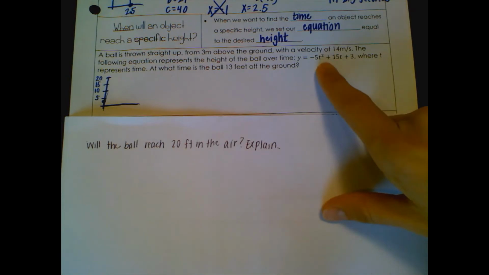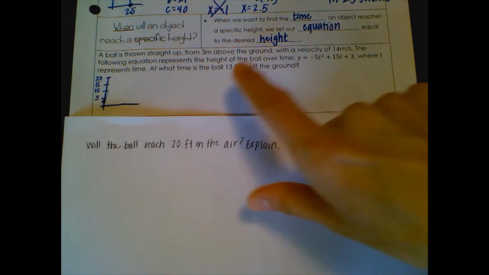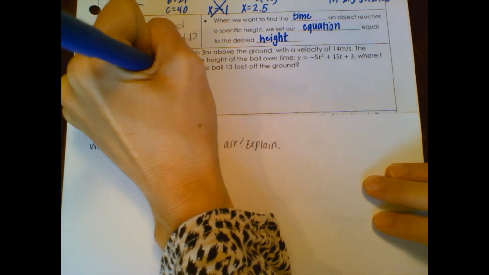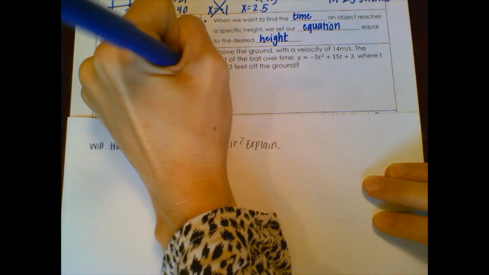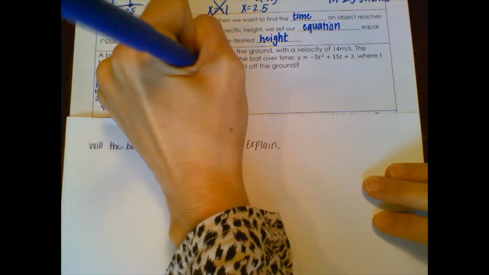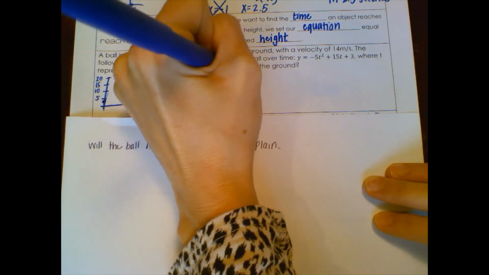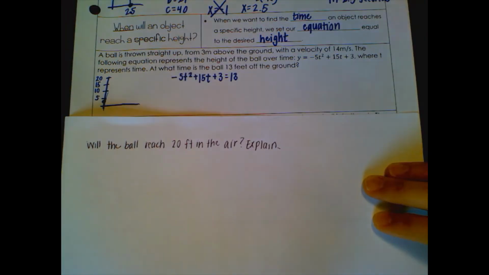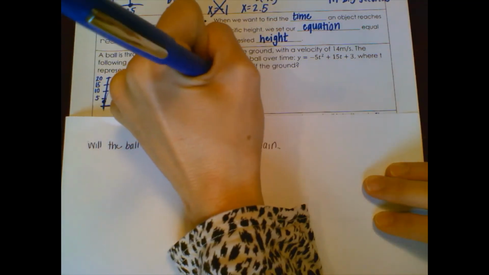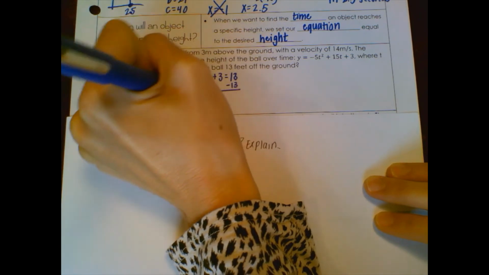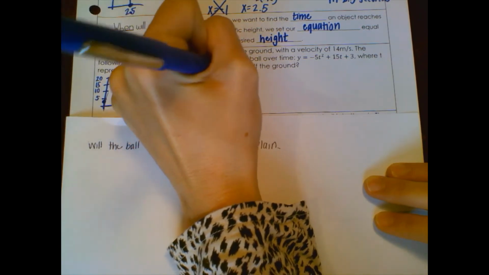So I have to set this quadratic set equal to that 13 feet. So I have negative 5t squared plus 15t plus 3 equals 13. So now I got to put it in standard form. I got to subtract the 13 over to the other side.